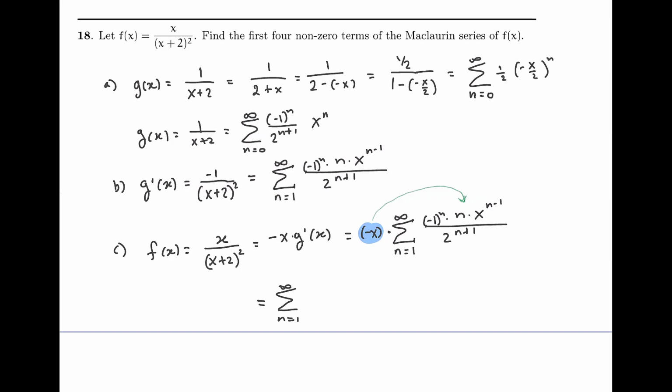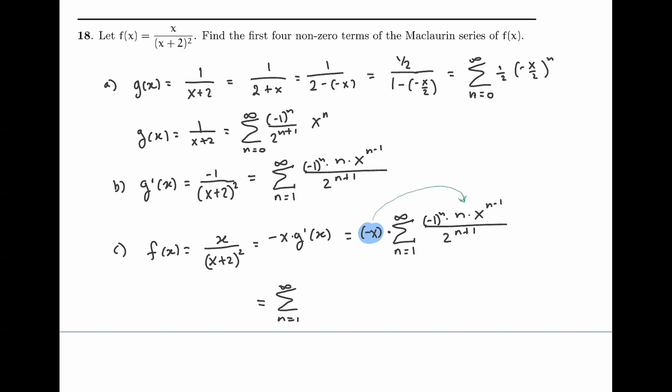If I wanted to make the series start at 0, I could do a shift of indices and change this from -1 to the nth power to -1 to the power of n-1 or n+1. But in this case, I don't need to do that. It's an option for me to do it or not.